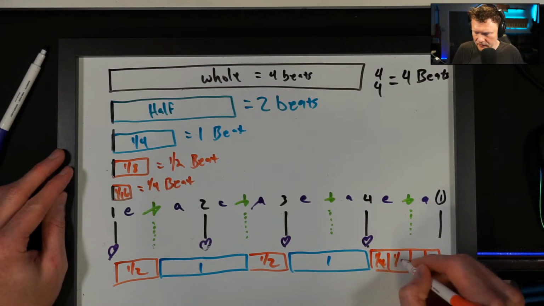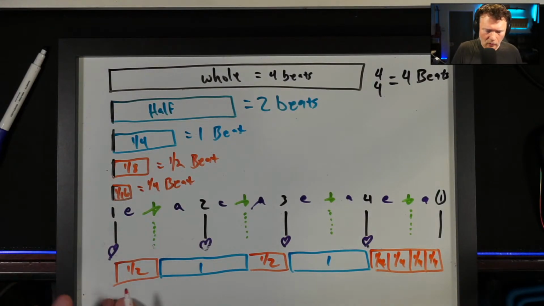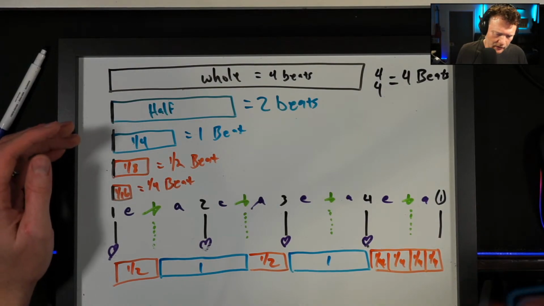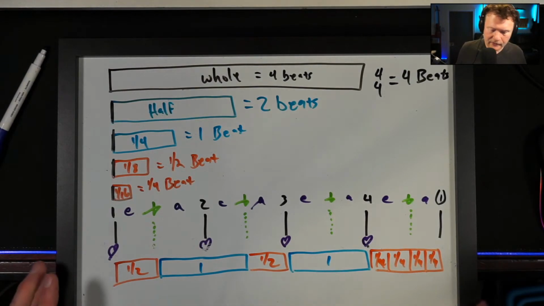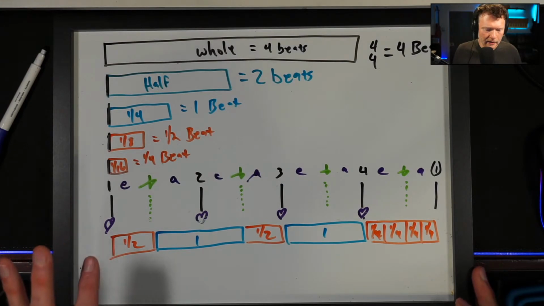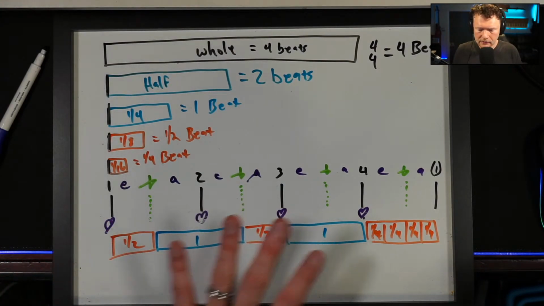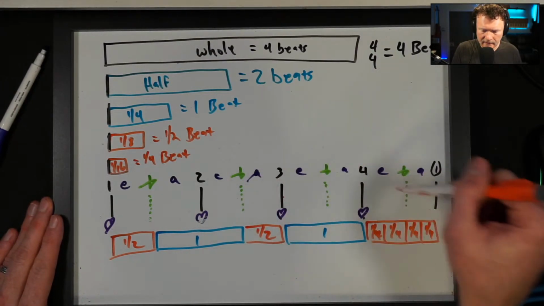So we have 1 and 2. Let me get a pulse here. Sorry, 1, 2, 3, 4, 1 and, where am I at here? Sorry, my microphone's literally in the way for me to read this. So we have 1 and 3. So our beat is going to be here, and it's going to be here. That makes sense.